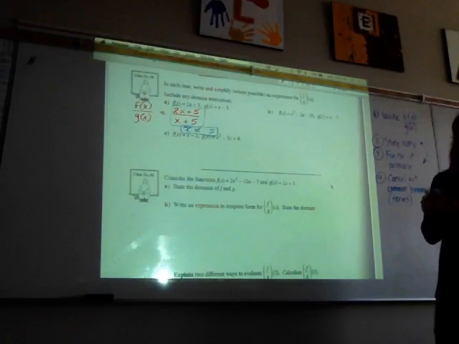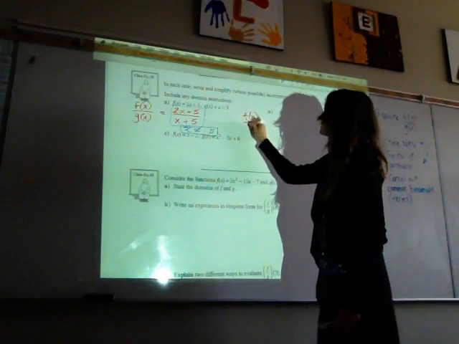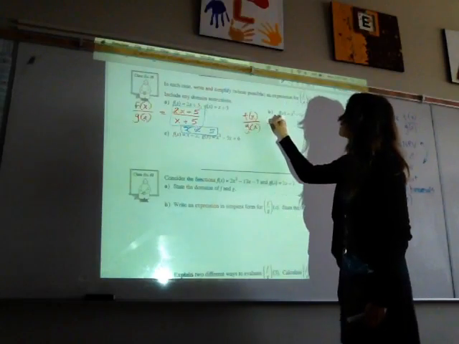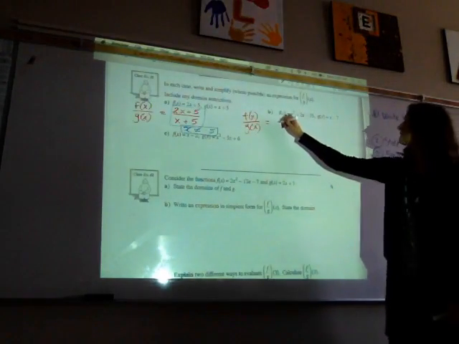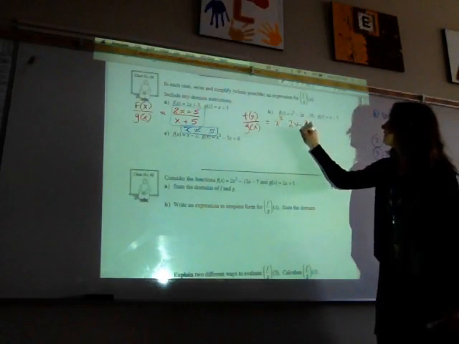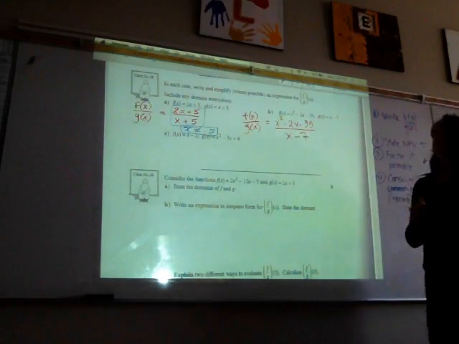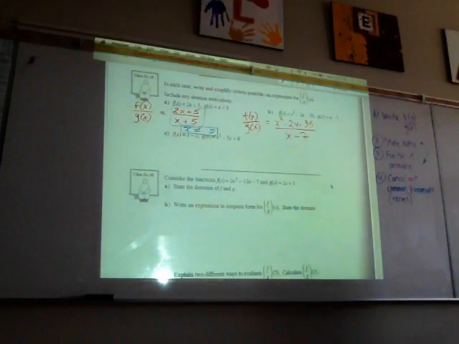Moving on to B, pretty much the same thing. We're going to write it as f of x over g of x. This time f of x is x squared minus 2x minus 35 divided by g of x, which is x minus 7. We have a trinomial in the numerator, so yes, we should be able to factor.